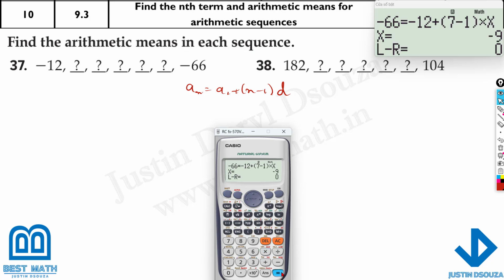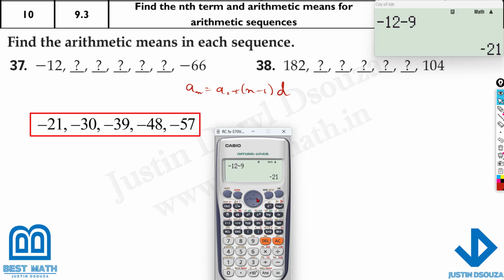And shift and solve and equal to, it's minus 9 here. So what we need to do is minus 12 plus, okay, now you need to press AC or on. Now we will do minus 12 minus 9. The next answer is minus 21. Now I'll change this one up to answer.